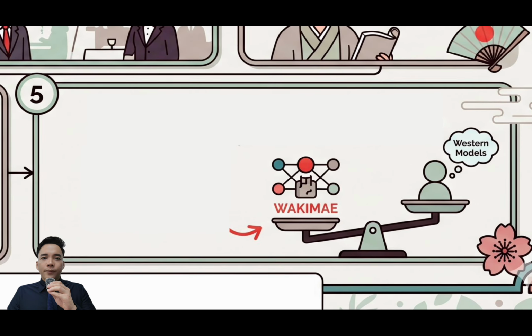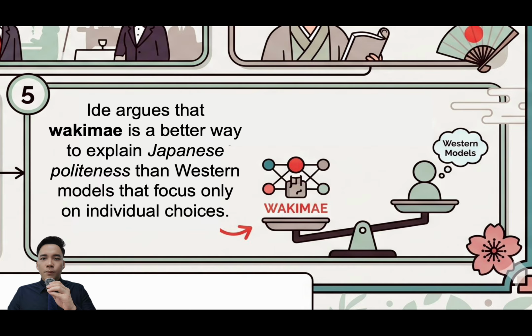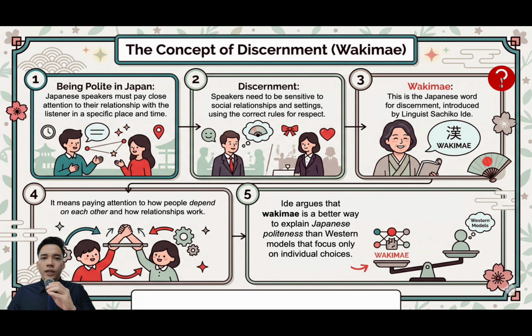Ide argues that wakimae is a better way to explain Japanese politeness than Western models that focus only on individual choices. So in some Western models, politeness is seen as something that the speaker chooses freely. The speaker decides how polite they want to be. But in Japanese politeness, according to Ide, the speaker must understand the relationship, the setting, and the social expectations.